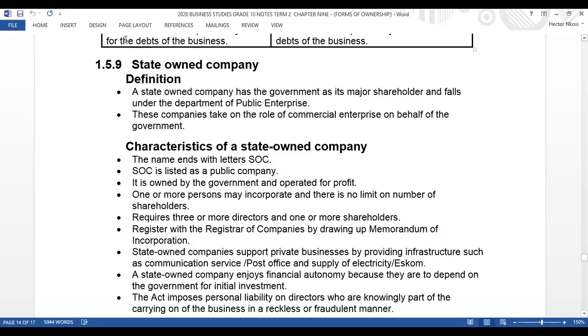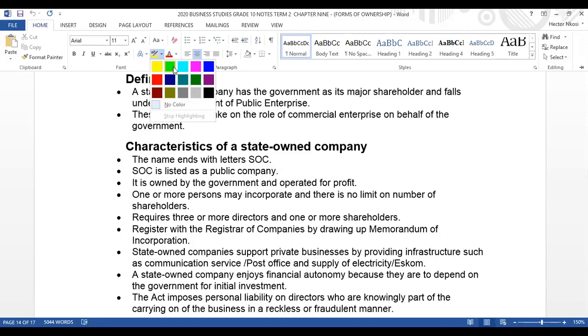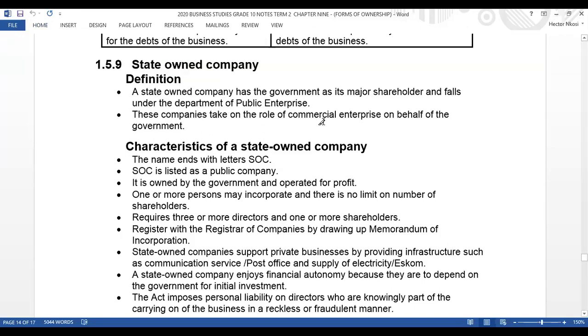So remember, boys and girls, a state-owned company has the government as its major shareholder and falls under the Department of Public Enterprises.